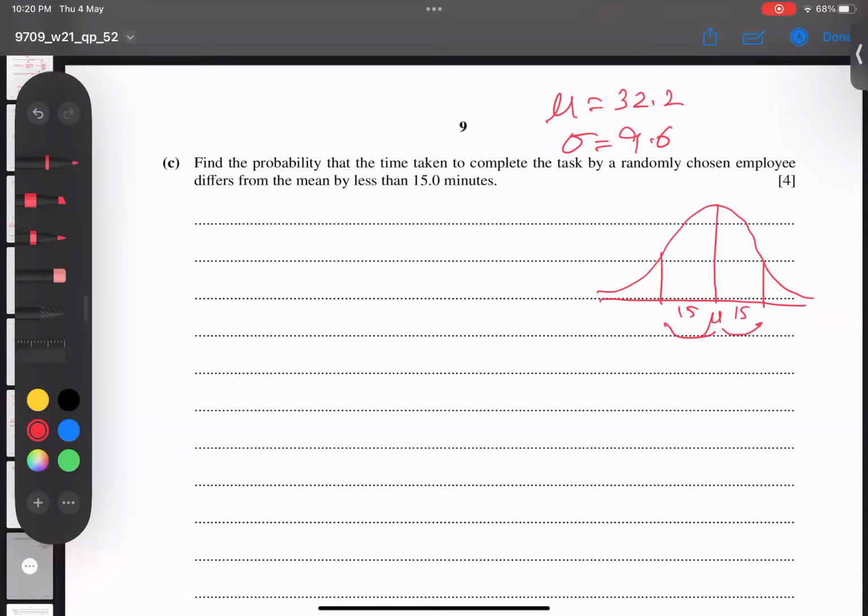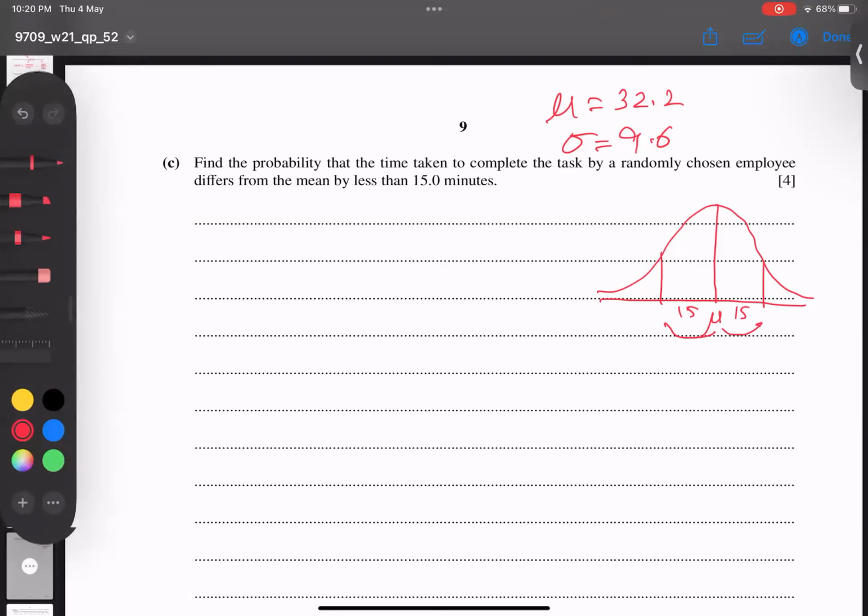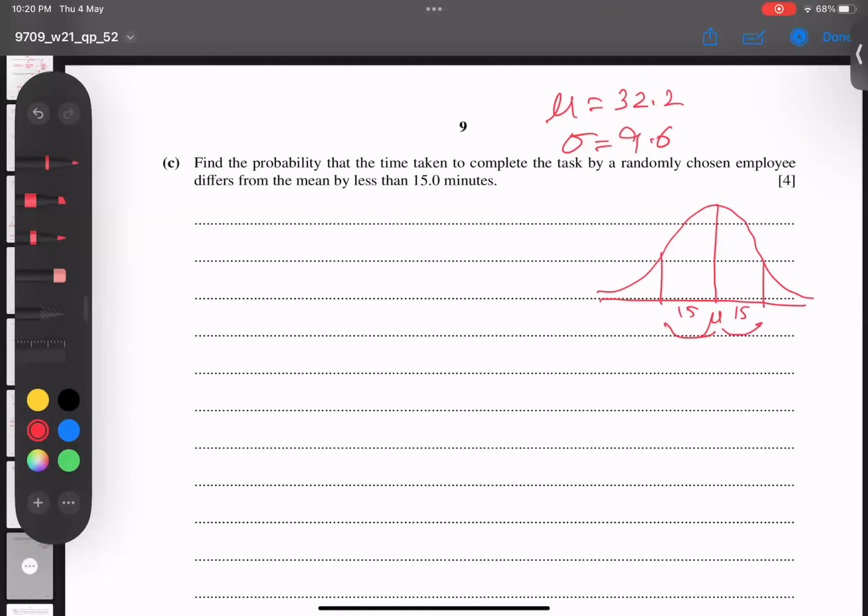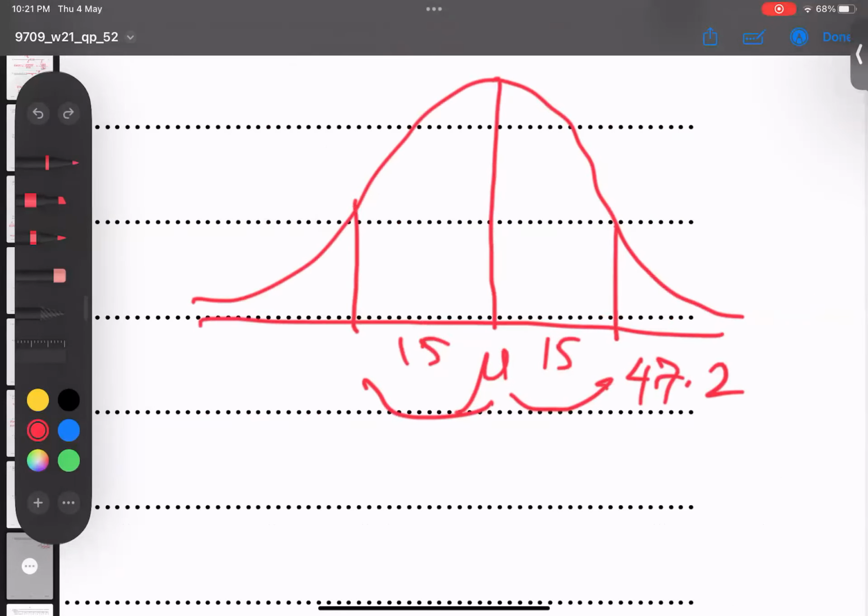If I add, 32.2 plus 15, I get 47.2. And from 32.2 subtract 15, I get, students, 17.2. So I hope you got the idea.